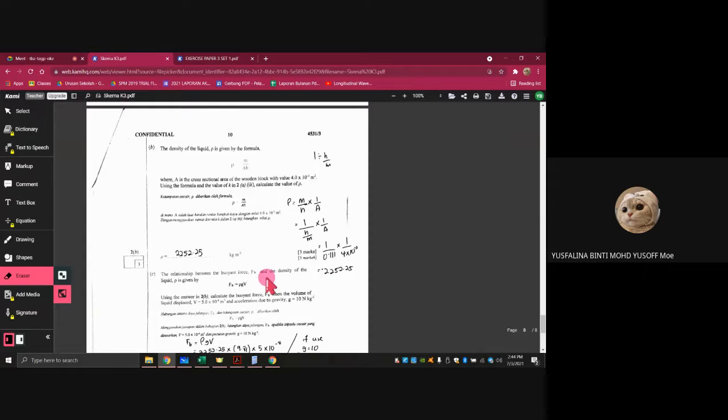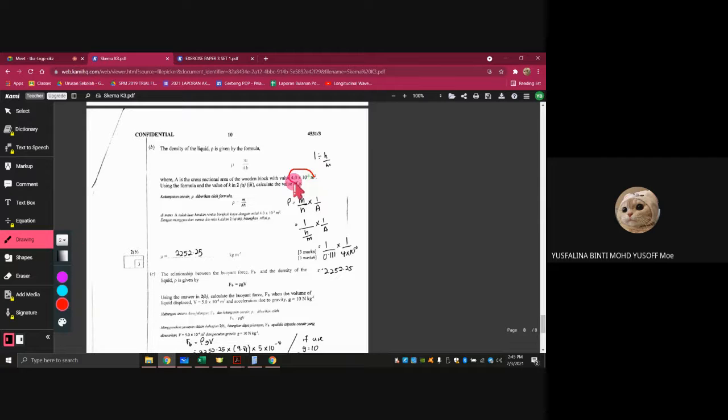It says here the density of the liquid rho is given by the formula rho equals m over AH, where A is the cross sectional area of the wooden block, which has a value of 4 times 10 power of negative 3.